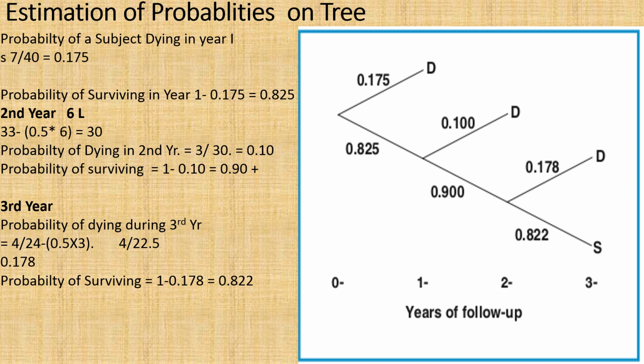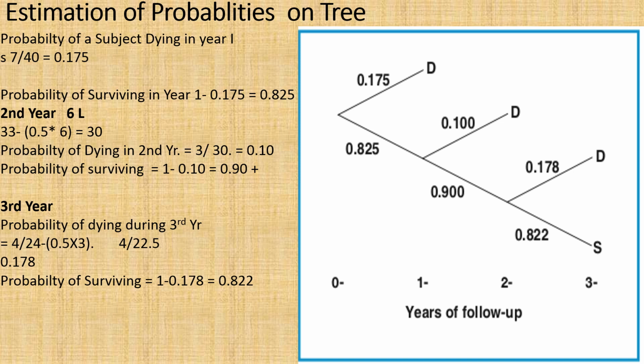For the second year, six individuals were lost in contact. So it's the 33 mentioned right next to the subject over here. So I'm adding the formula 33 minus 0.5 into 6. Now where does the 6 come from? 6 is the lost number we have.